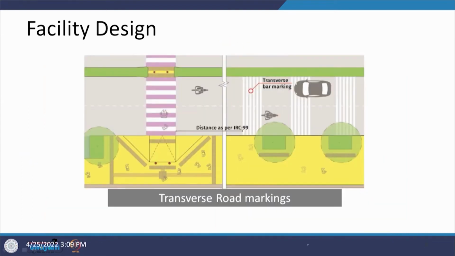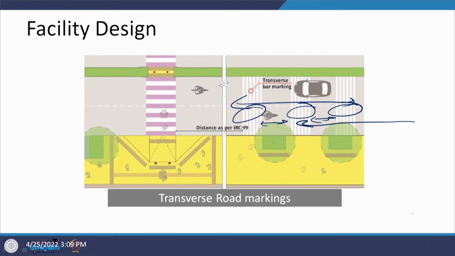So, that is what we are trying to look at. Let us see here in this one what is the additional thing which is being added. If you see, the additional thing being added is here. They are the transverse bar markings, and these transverse bar markings are actually a set of 6 lines at one point of time being placed at a specified distance for the traffic which is coming from here, to warn them that they are reaching a certain location which is probably going to be hazardous if not taken care of.